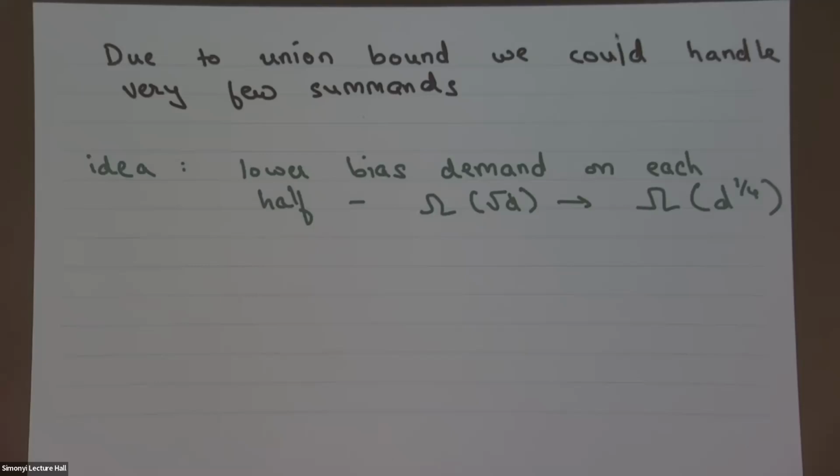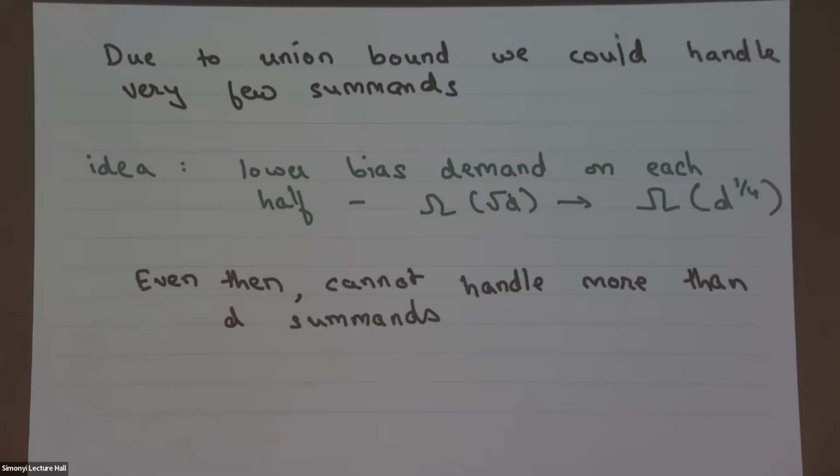With probability closer to 1, you will be able to guarantee smaller bias, and so you'll be able to take a union bound over more summands. You can try fiddling around with what parameter to put here, but even then, it's easy to show that you can't go beyond d summands.